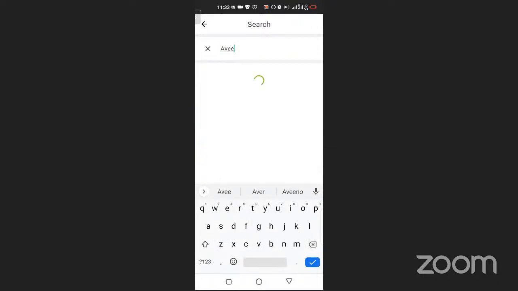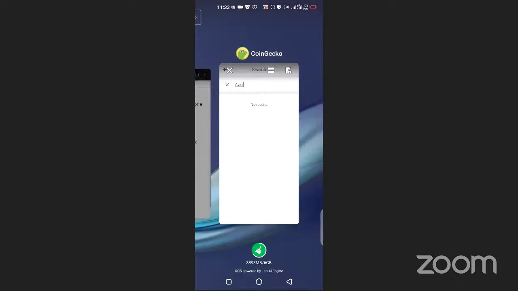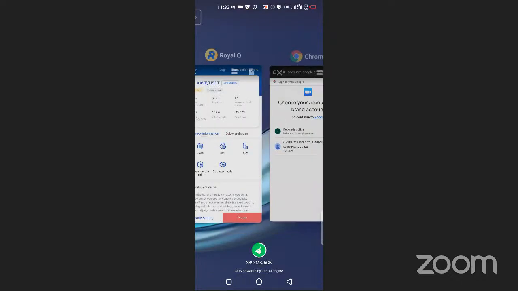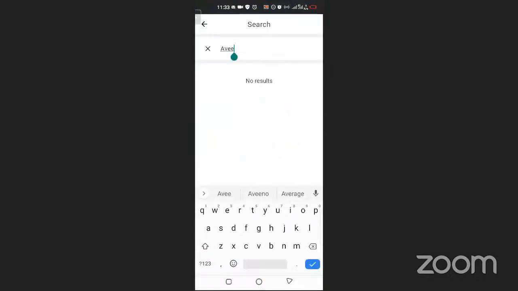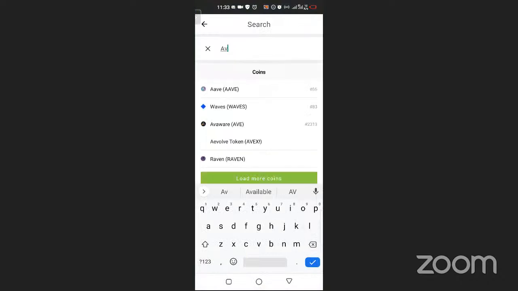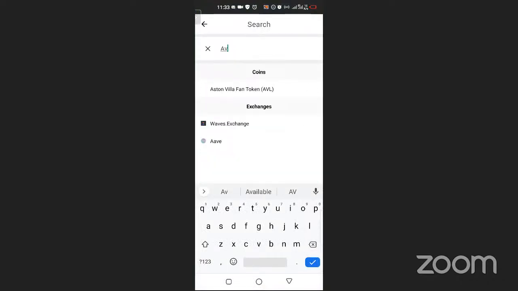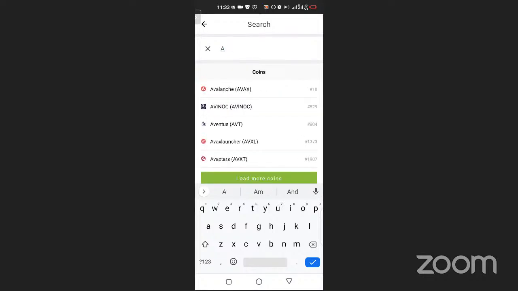Okay, let me look at Aave. Am I not knowing the spelling of Aave? Okay, AAVE. Right, here we go. Okay, this is Aave, right? I think it's this one, right? Yes. Okay.